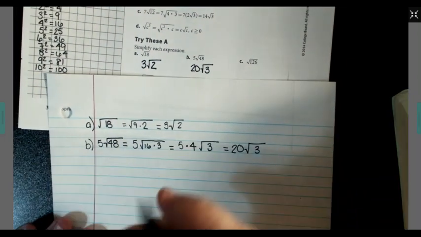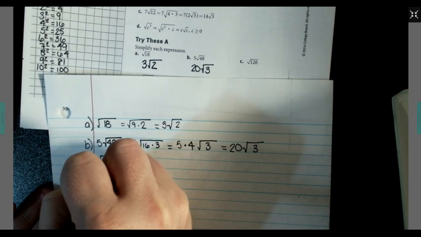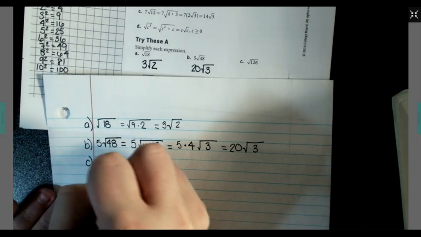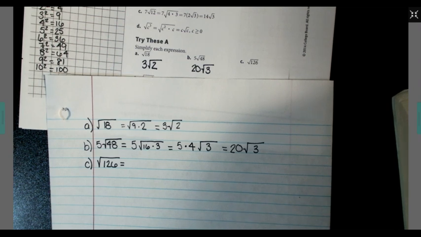All right, let's talk about 126. Square root of 126. I did not bring my calculator home this weekend. So let's kind of roll through some of these. We want to do 126 divided by 4.